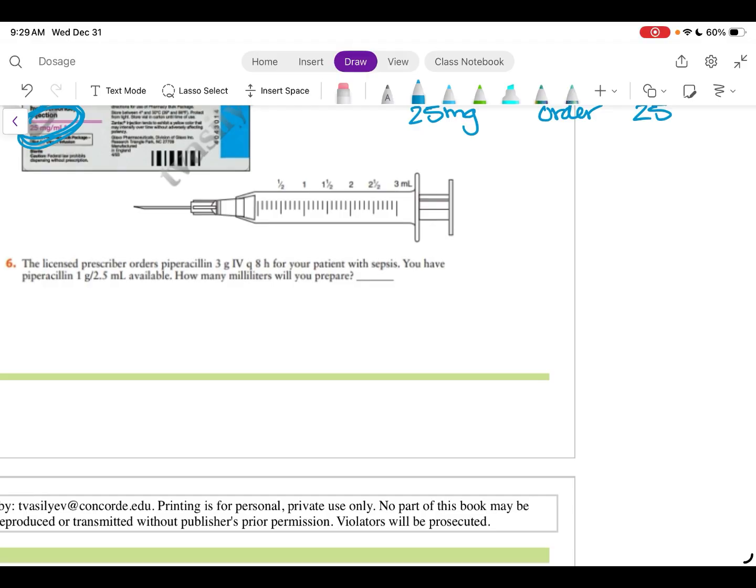Number 6. You have an order for piperacillin, 3 grams. Your piperacillin comes as 1 gram in 2.5 milliliters. How many milliliters are you going to give? So X mL. 2.5 is equal to 1 gram, and you have to give 3 grams.